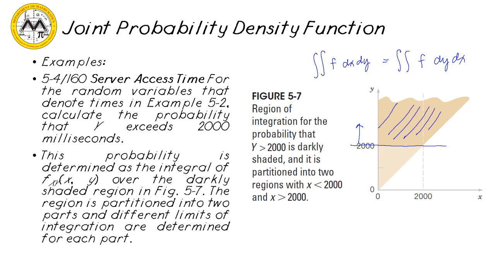If we have a vertical strip, the upper limit here is positive infinity. The lower limit here is 2000. However, for the x component, it would be from 0 to infinity or 0 to y.